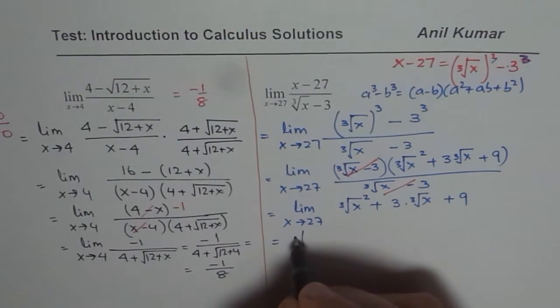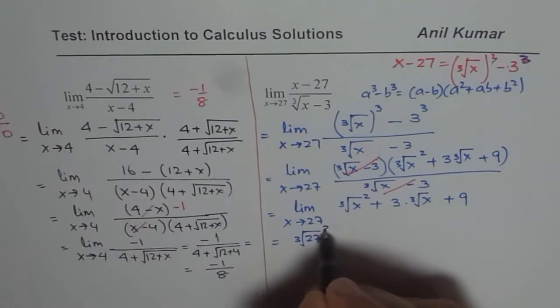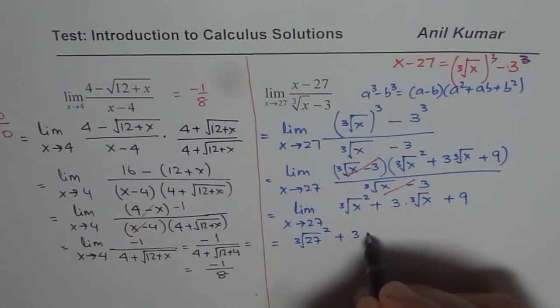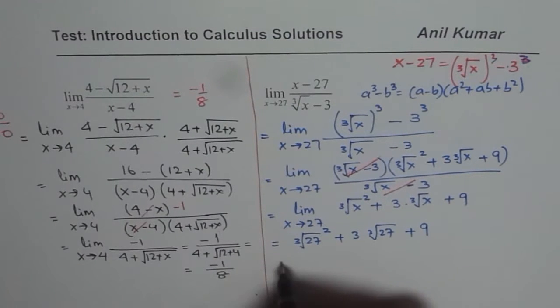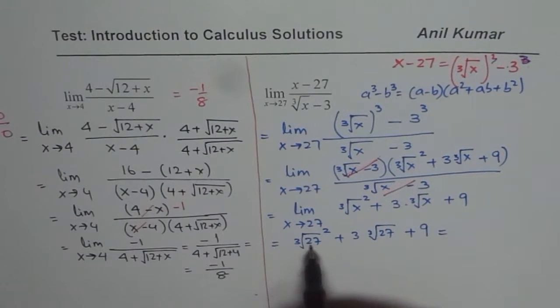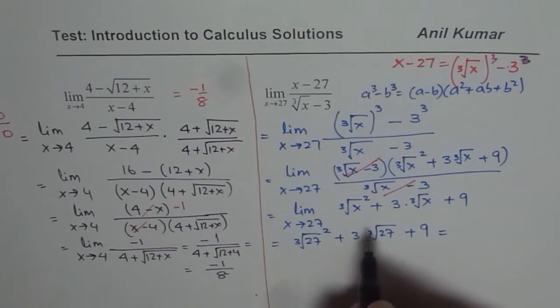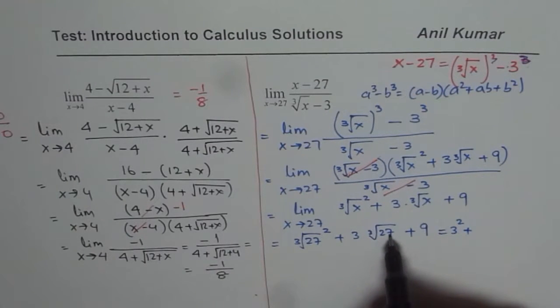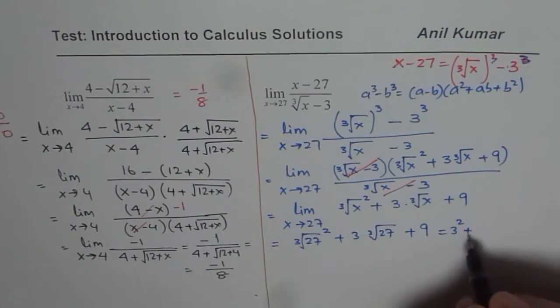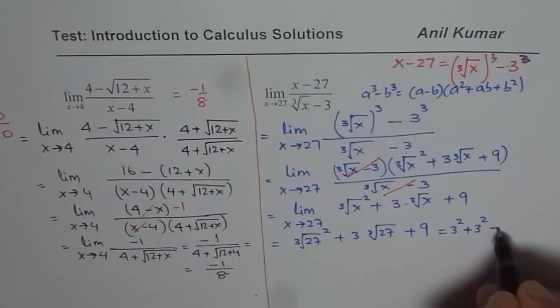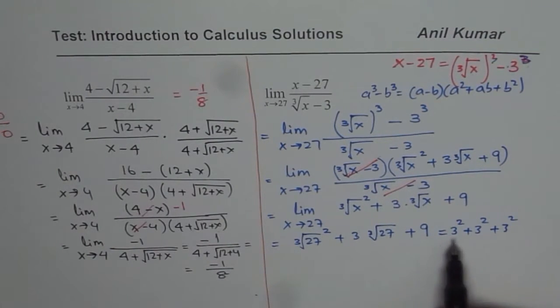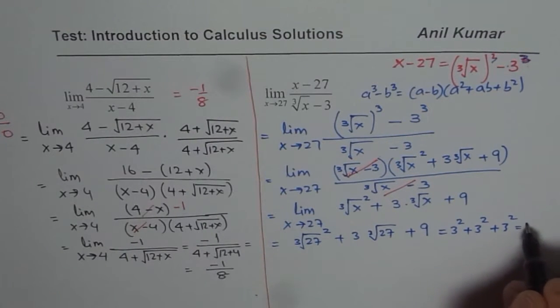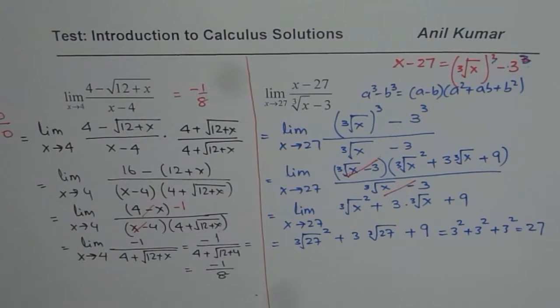We get cube root of 27 whole square plus 3 times cube root of 27 plus 9. Cube root of 27 is 3, so we get 3 square plus 3 times 3, and 9 is also 3 square. So it is 3 times 9, 27. What you get here is 27, which is your answer for the limit of this particular function.